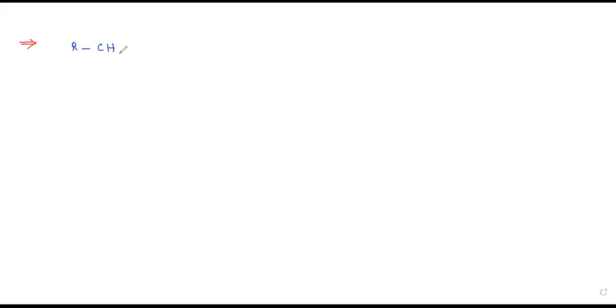Supposing we take this, with say fused KOH, we'll consider the mechanism. So in this case, of course, we get RC triple bond CH.